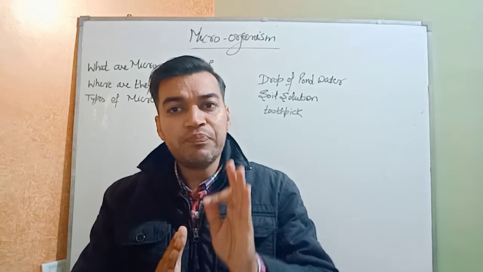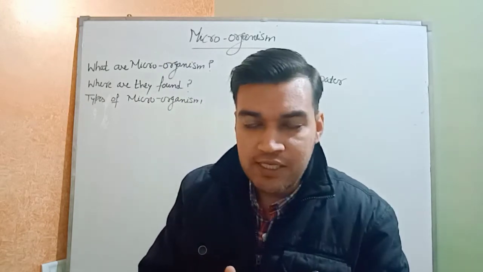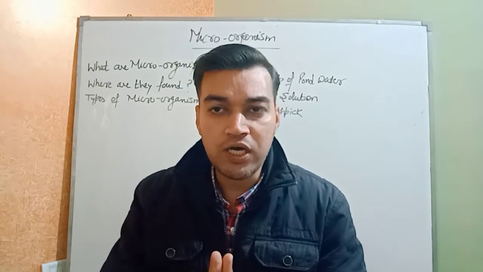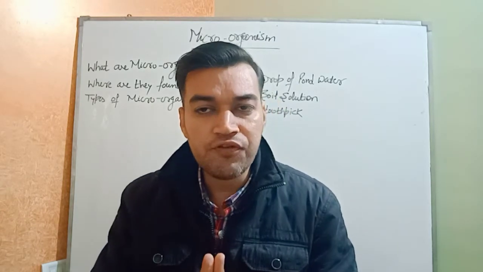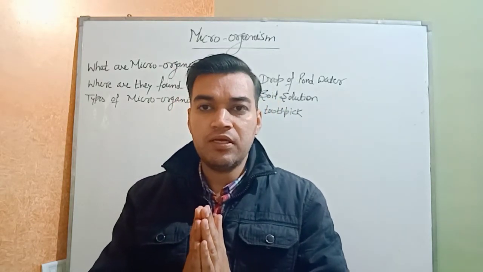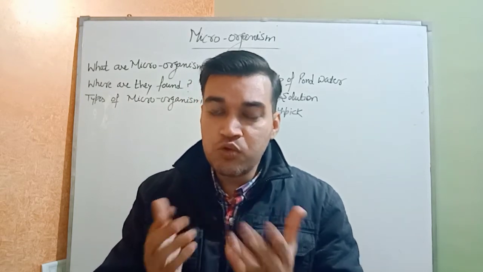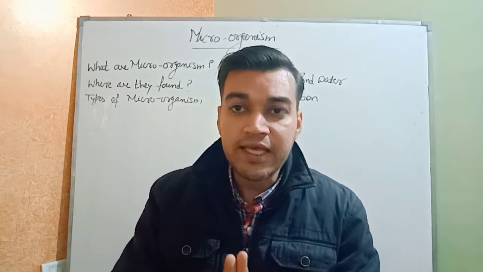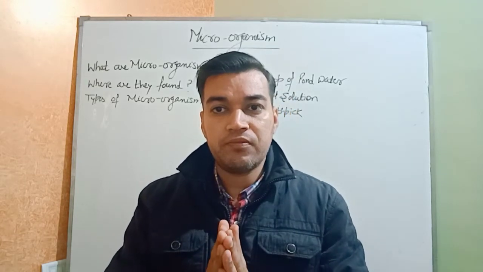They are tiny organisms which we can only see through a microscope, but we cannot see through the naked eye. This is the proper definition of microorganisms. They can be useful, they can be harmful. They can make us food, they can spoil food.